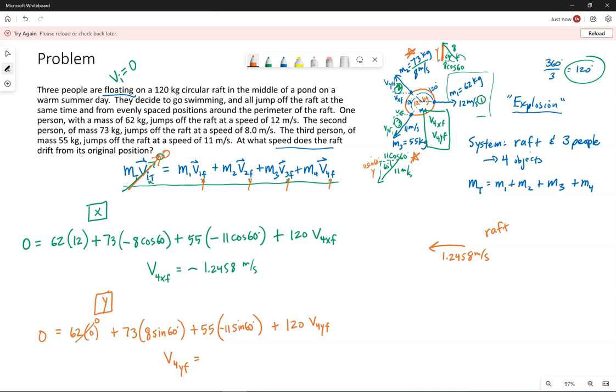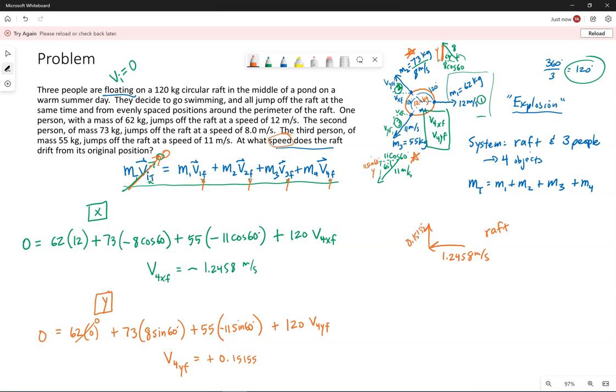So I'm getting positive 0.15155. So I can draw this y velocity upwards at 0.15155.